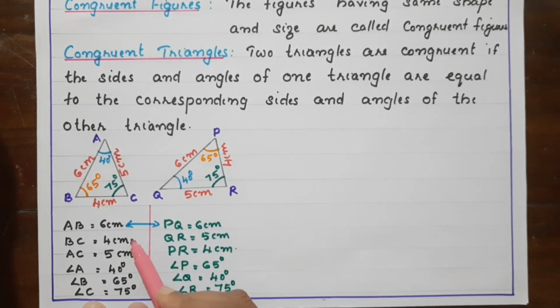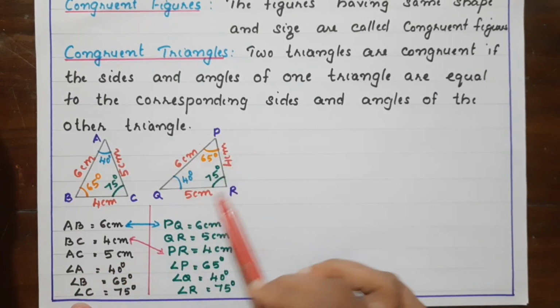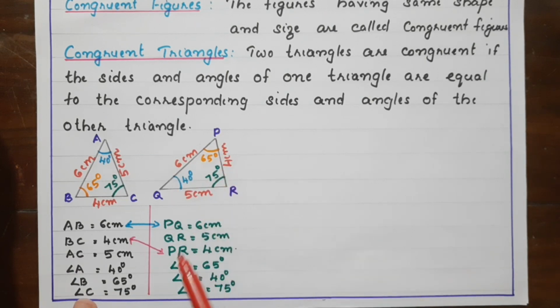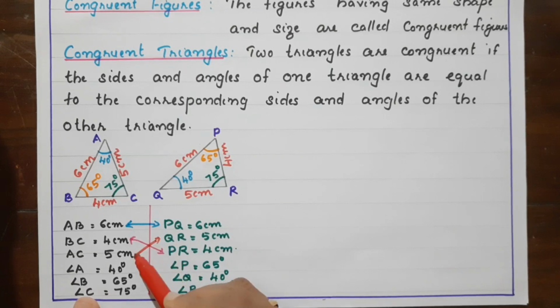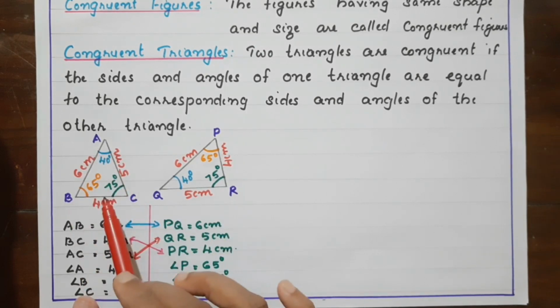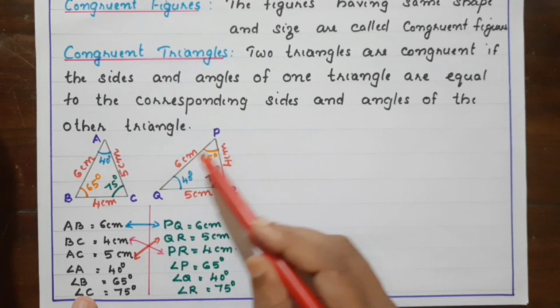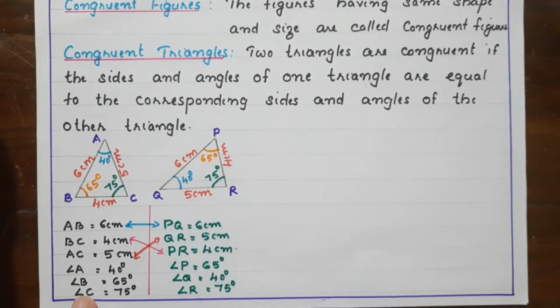So these two sides are equal. Isn't it? Then what about AC? AC is with 5 cm. Here which side is having 5 cm? QR. So AC and QR are equal. Isn't it? So here three sides of this triangle are equal to three sides of this triangle PQR.